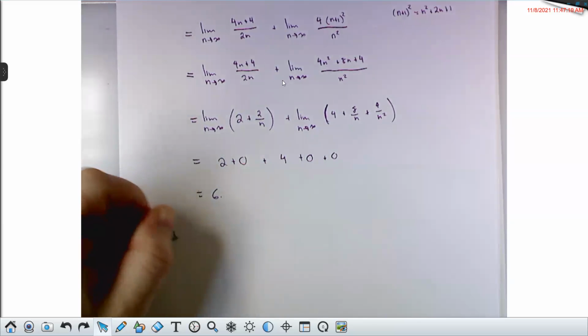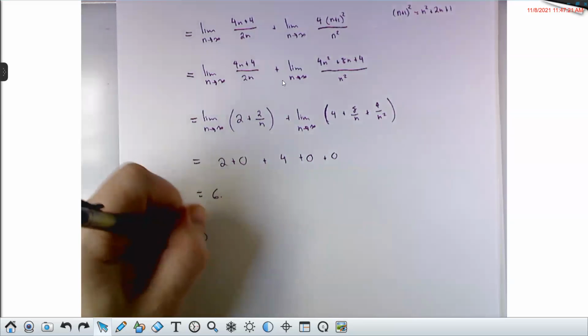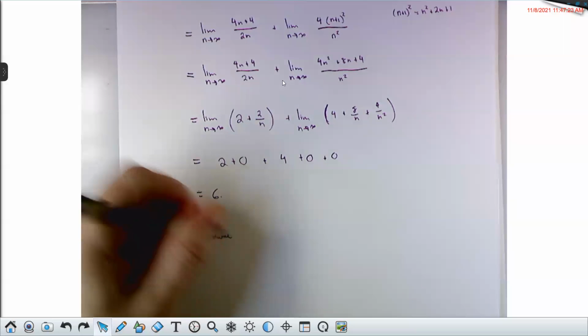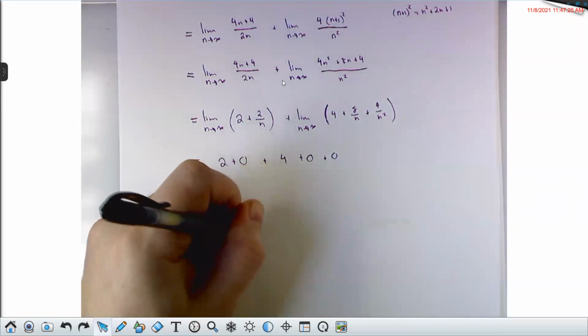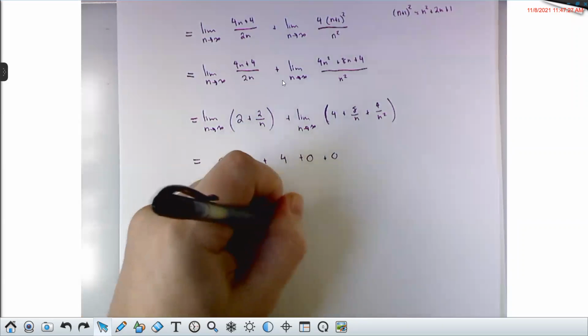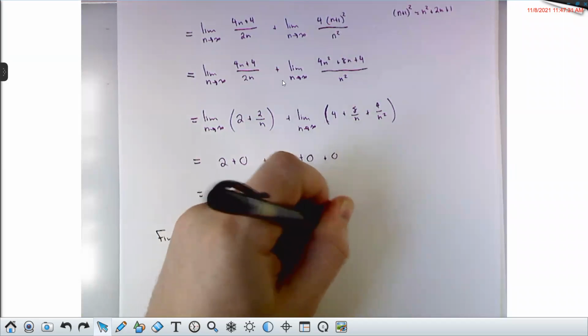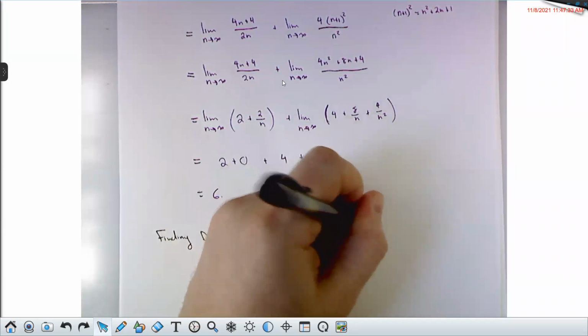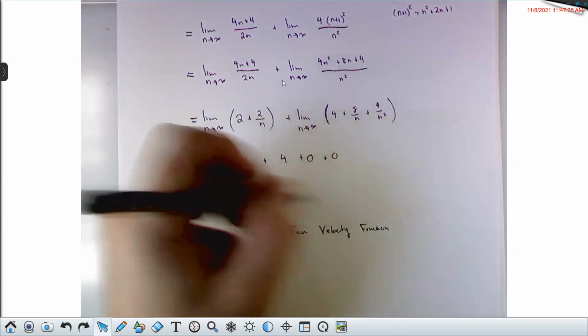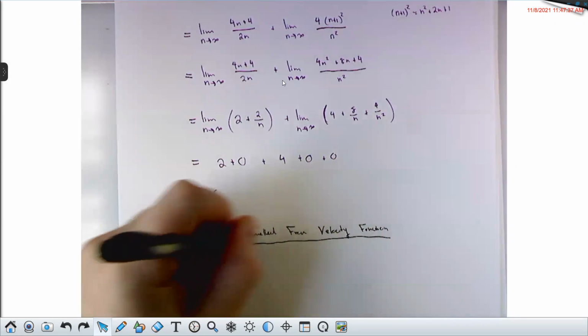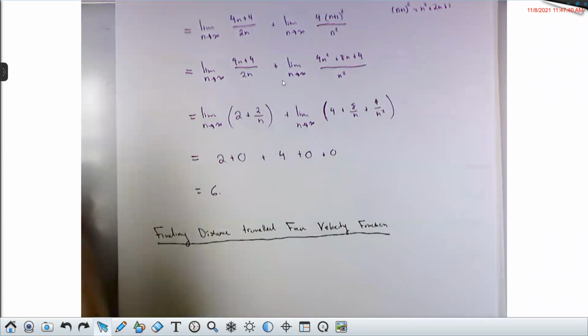And that is finding distance traveled from a velocity function. This is something that intuitively kind of everybody knows.